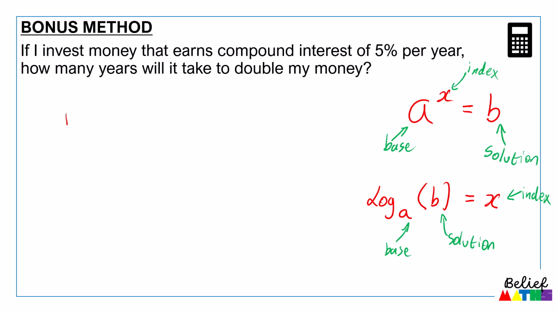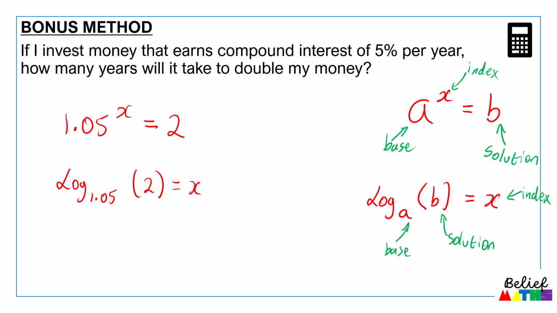Well, we had 1.05 to the power of something gives us 2. Now, we're not going to use that box anymore. We're going to use something that's a bit more useful. We're going to say it's the power of x. Using our idea of logs, that will be log to the base 1.05 of 2 gives us x.